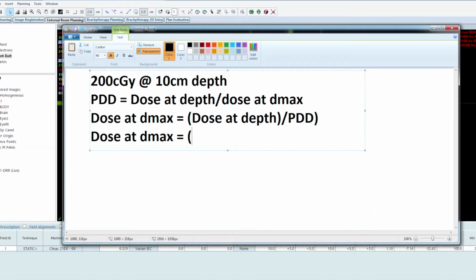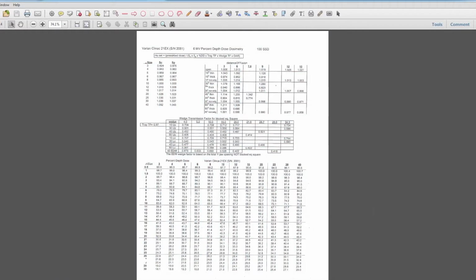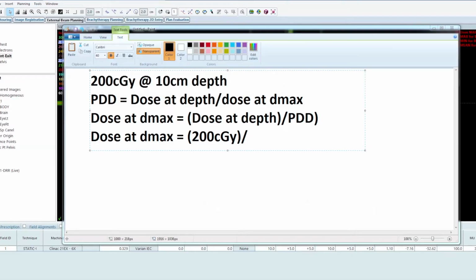Because at 10 centimeter depth, I'm prescribing 200 centigray. What's my percent depth dose? Well, my percent depth dose that I looked up in my beam data table was 0.664. We go to a 10 centimeter field size down to a 10 centimeter depth is 66.4%.